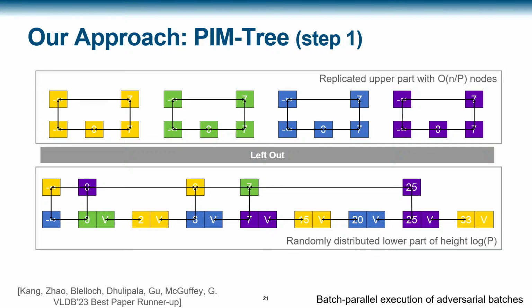So in expectation, 1 out of every p inserts is going to want to update something up here. And so, yes, you do have to update all p copies if you do it this way, but it amortizes out to constant per insert. Okay, so again, we're able to replicate this fully because it's small and it's not updated very often.